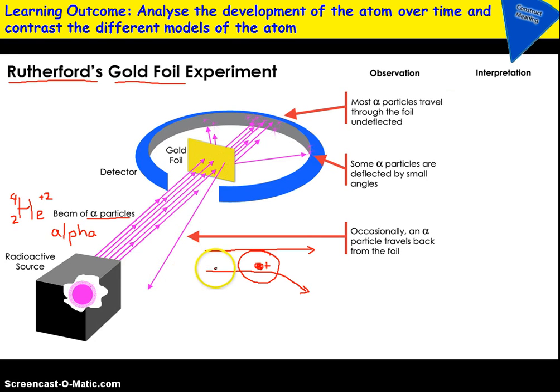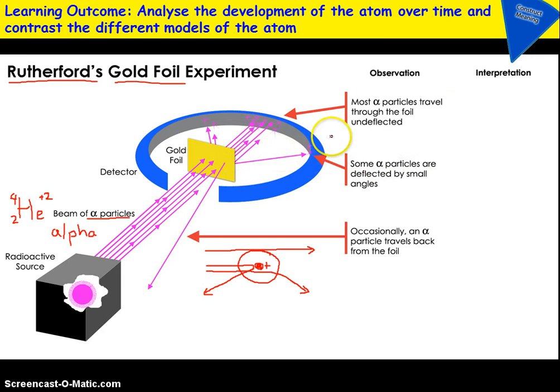Now this was really unexpected by Rutherford, and what this suggested was that some of the particles had to have collided with all the central mass, which must be in the centre, and then been deflected by greater than 90 degrees. So these were his 3 observations, that most passed straight through, some were slightly deflected, and some were deflected by angles greater than 90 degrees.